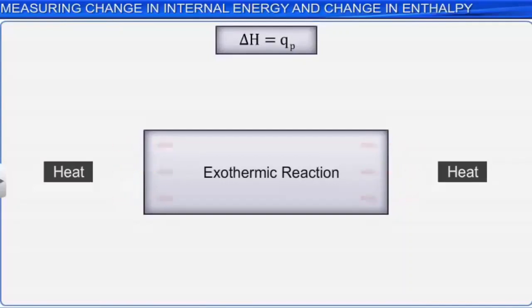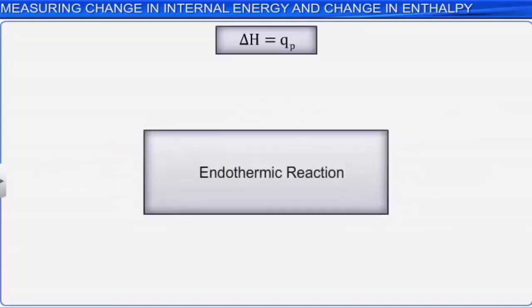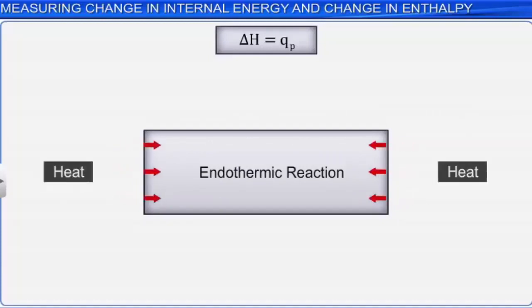Therefore, QP as well as enthalpy change delta H is negative. Similarly, for an endothermic reaction, heat is absorbed by the system from the surroundings, and therefore QP as well as the enthalpy change delta H will be positive.